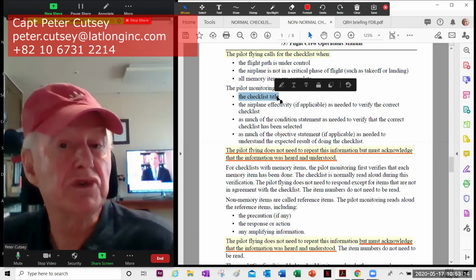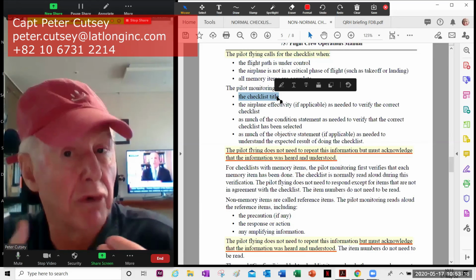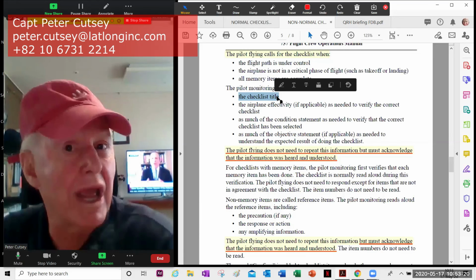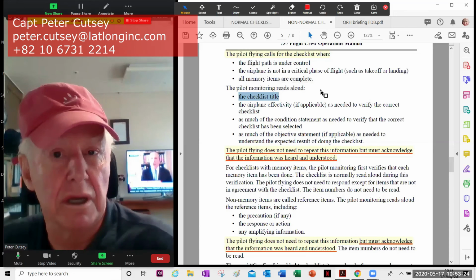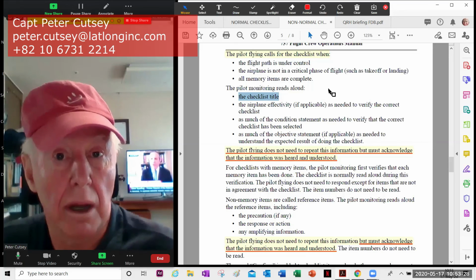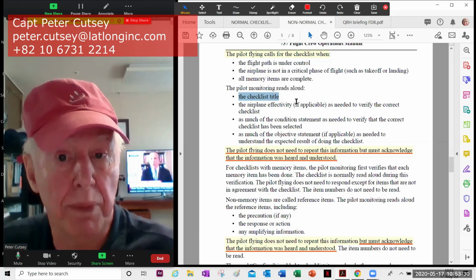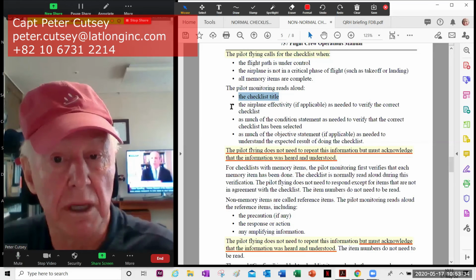Or if using the hard copy, which a lot of carriers use, and there are good reasons for using the hard copy, the same thing. So checklist title, that's a technique. And that could be part of a company's SOPs. It's important to know your company's SOP.